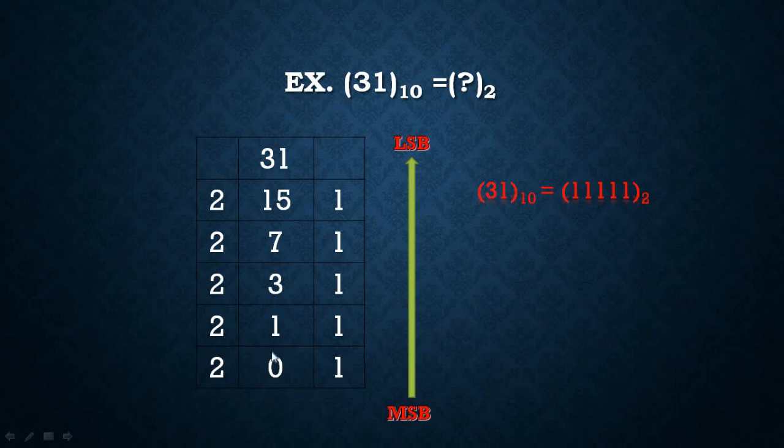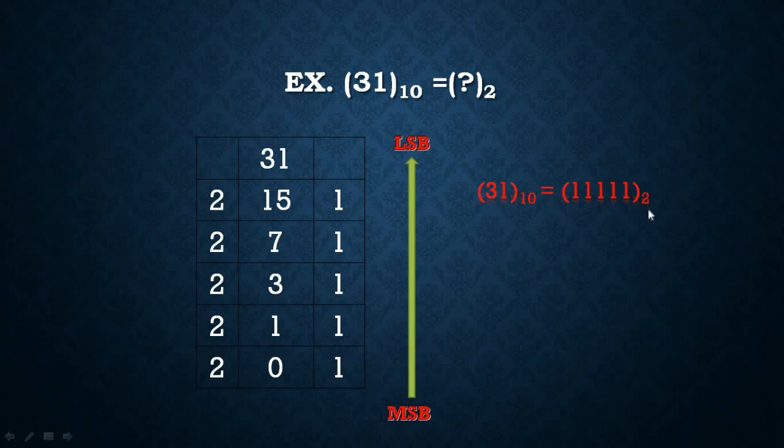As soon as the quotient becomes 0, we stop the division and write the result from bottom to top. So we get the result as 11111, five times 1, to the base 2. So 31 to the base 10 is equal to 11111 to the base 2.